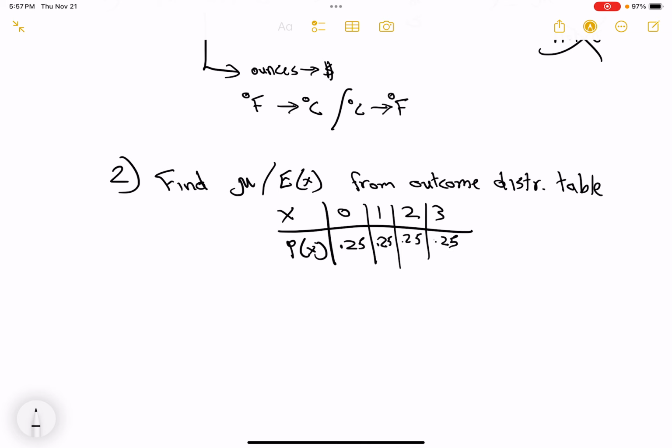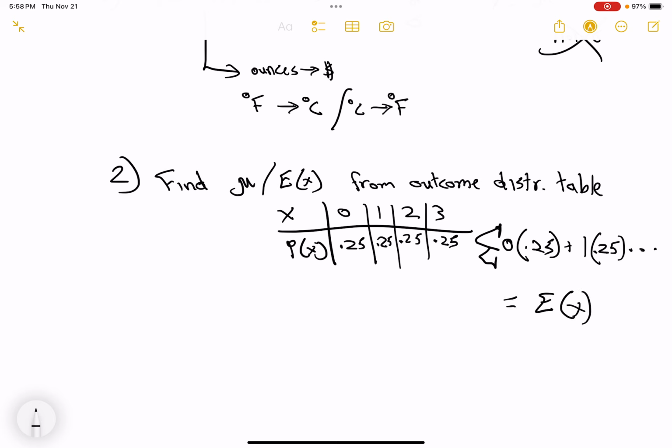Obviously, these could be different probabilities. They probably will be. But know that in order to get your outcome distribution's mean or expected value, you will just do x1 times probability 1 plus x2 times probability 2, and so on and so forth, all the way until the end, and add those up, sum them, and that will give you your expected value.